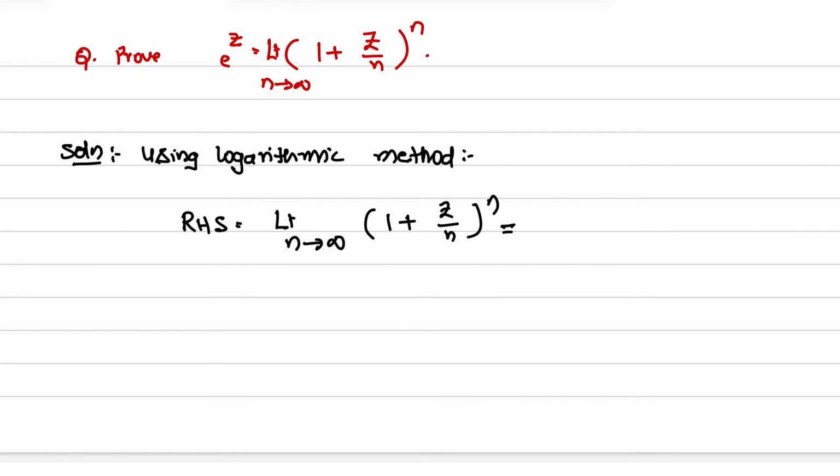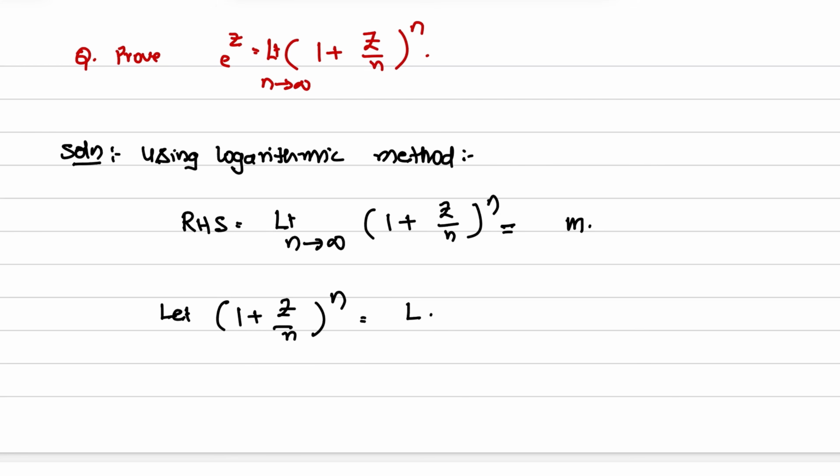Let us not call this value e to the power of z; let us say this value is some M. And let (1 plus z by n) to the power of n be equal to some L. L and M are arbitrary.